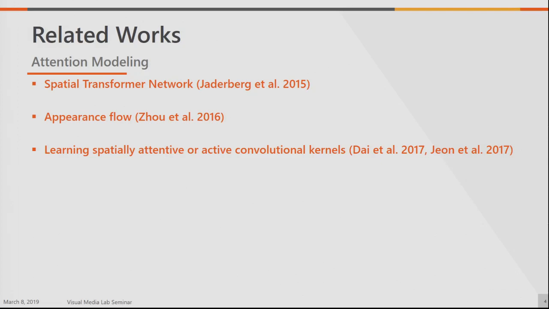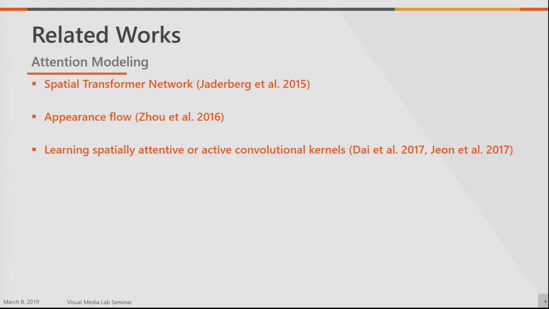So it doesn't work very well for inpainting. Then there's also appearance flow, which was used for novel view synthesis, but as will be later proven in this paper, this also doesn't work very well for inpainting.